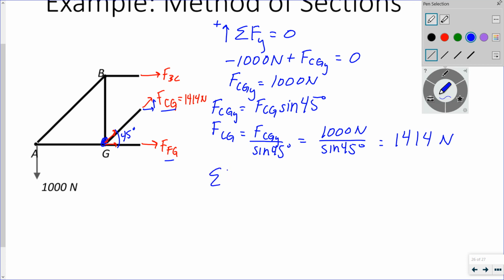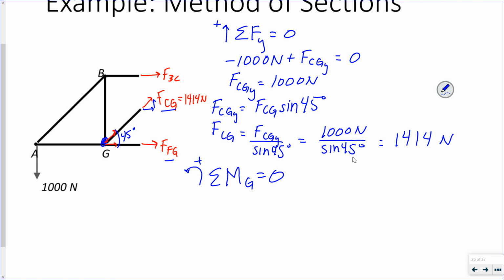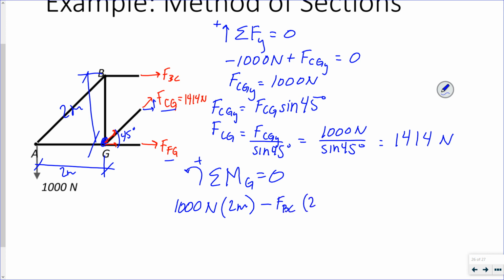So I can eliminate taking them into account. So the sum of the moments about G, counterclockwise is positive. FCG and FFG don't count. So I have 1,000 newtons times 2 meters minus FBC times 2 meters equals 0.